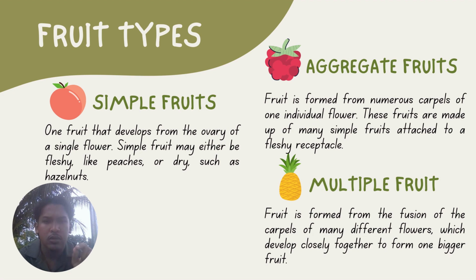So many flowers fuse together to become one larger fruit. So we look at the first one, simple fruit: one flower becomes one fruit. In multiple fruit, many flowers, or many fruits, combine together to become one larger, single fruit. So that is a multiple fruit.